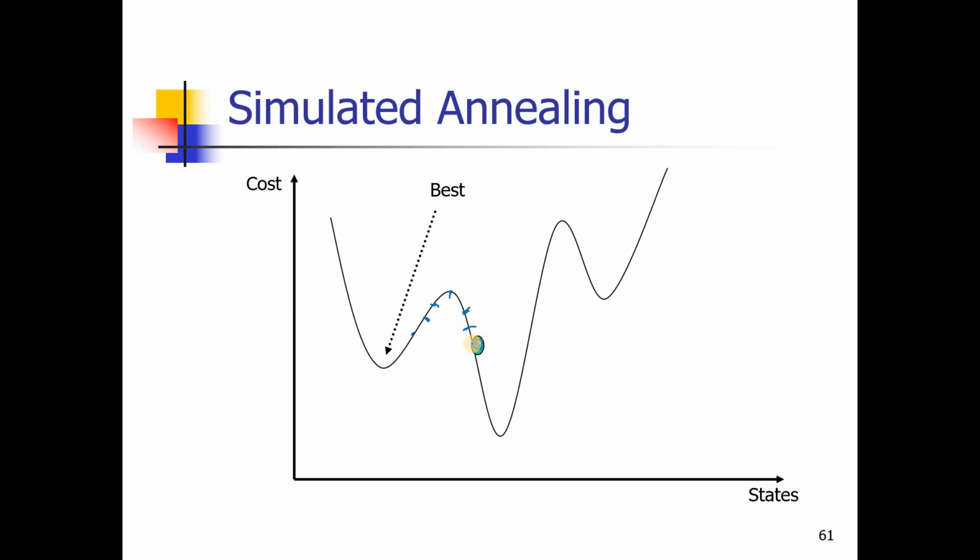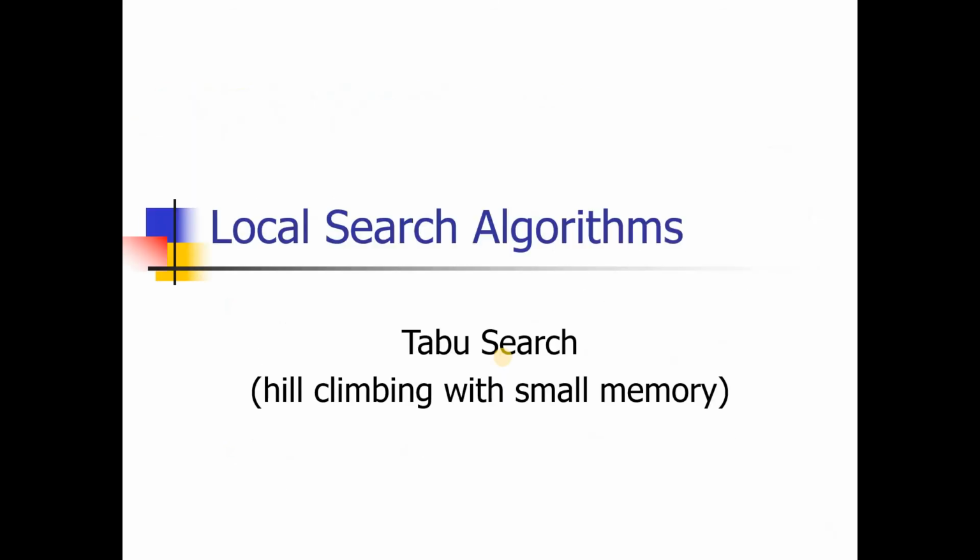So I search this location, sometime later I search this, then I go next, then I come again, search this or this. A lot of energy is wasted, a lot of time is wasted in looking at the states that we have already seen, which is not a good thing. So what we can do is we try to keep a small memory.